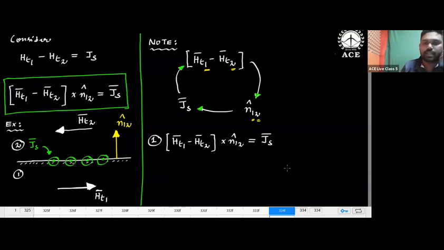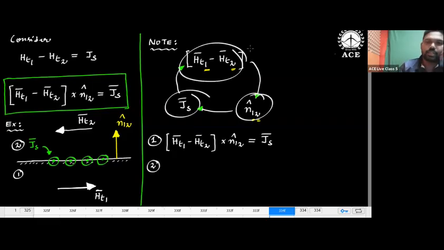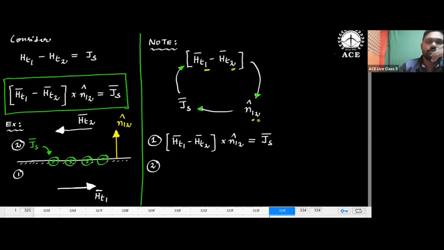This I have already justified. The second one is, cross product of these two will give this one, beta. Means N12 cross JS is equal to HT1 minus HT2. That is also true.